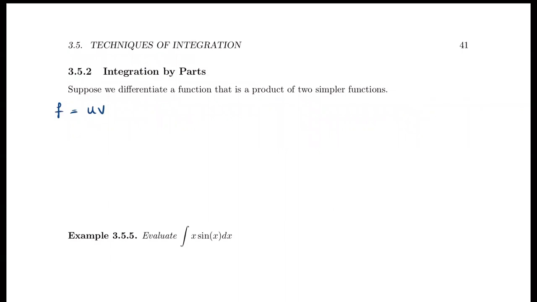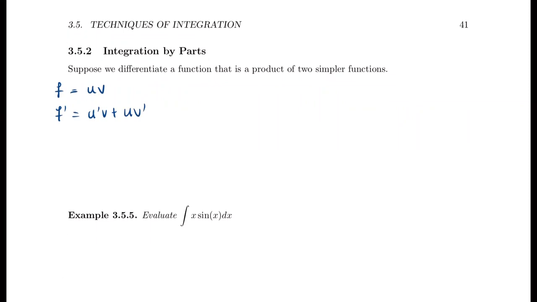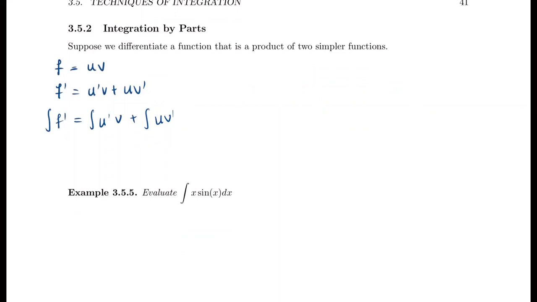So if we differentiate both sides, we would get f prime, which is equal to u prime v plus u v prime. Now let's say we integrate both sides again: integrate f prime, integrate u prime v, and integrate u v prime. We also know that this part is going to equal f, and we know that f is uv.